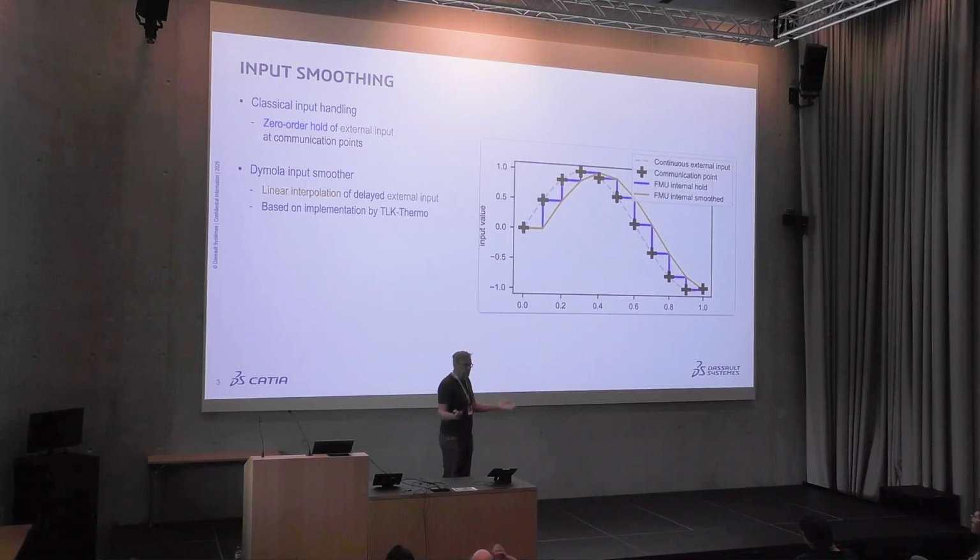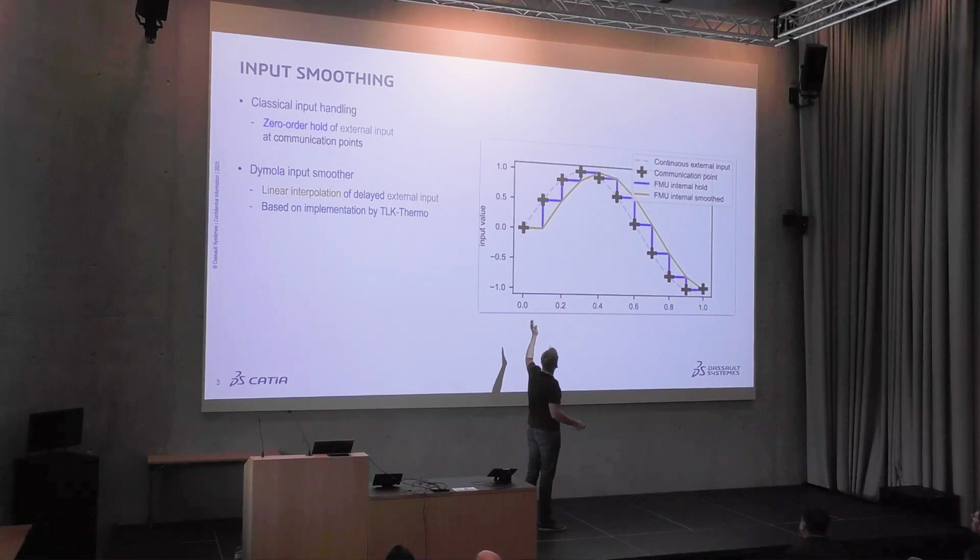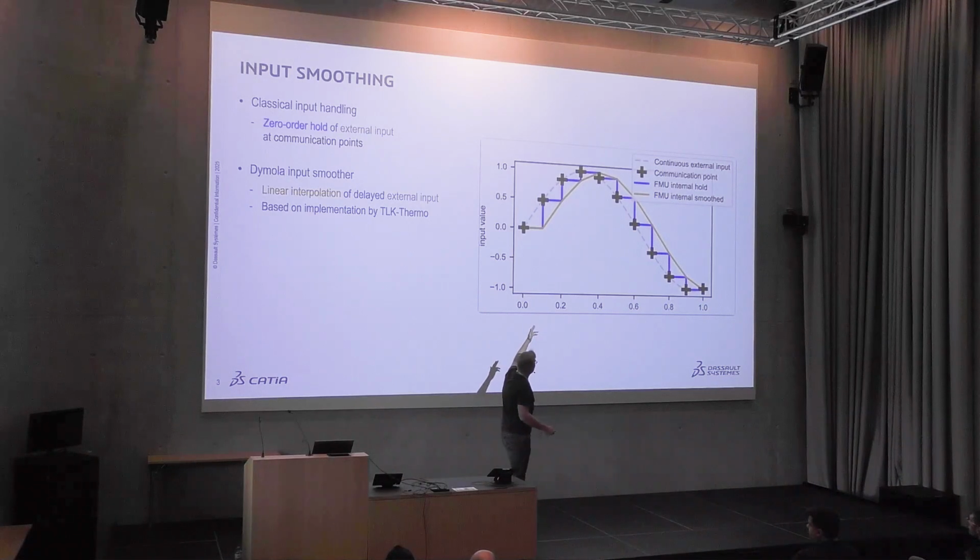Okay, so the input smoother, which is an idea by Christian Schulze from TLK Thermo, is to kind of delay the input signal. So it's really the yellow curve.